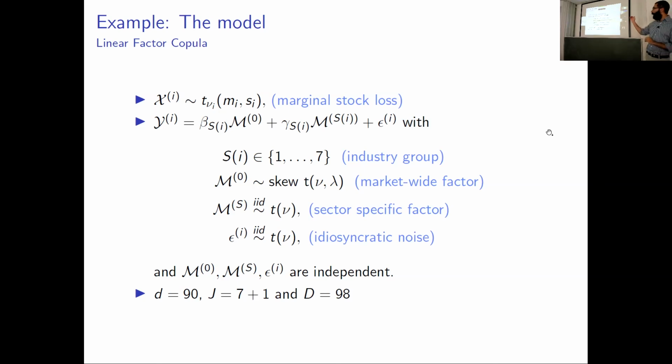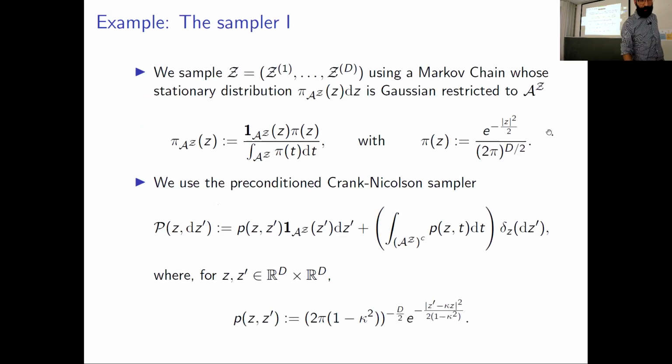So I have a market-wide factor, I have an industry group, I have a sector-specific factor, which is the M of S, and I have the idiosyncratic noise, which is epsilon. Once again, all the M's and epsilons are independent, and the epsilons are IID. Just some notation there with D, J, and capital D.